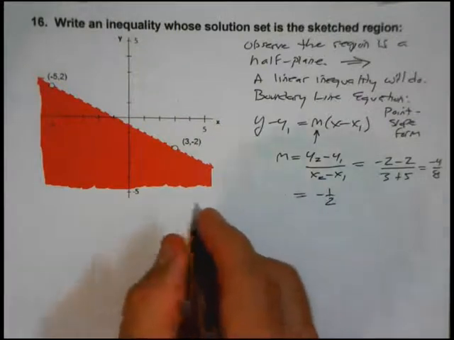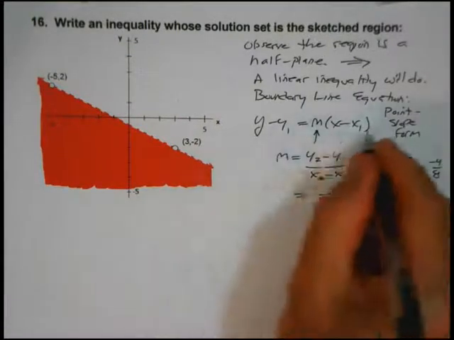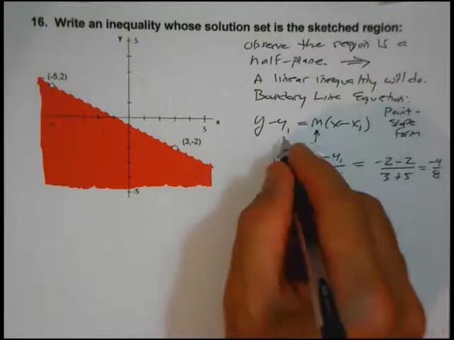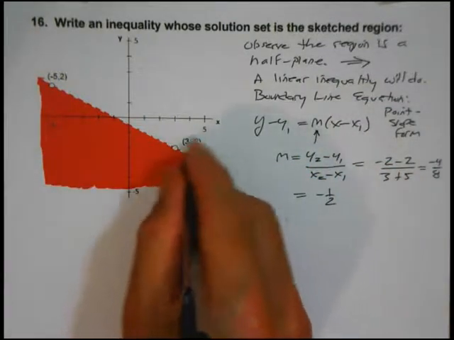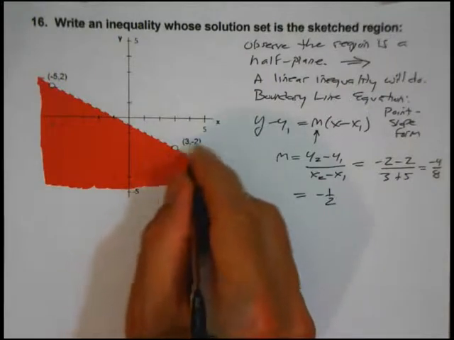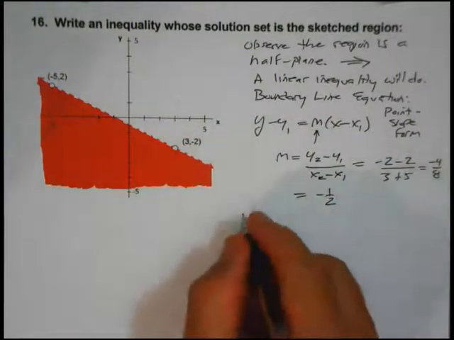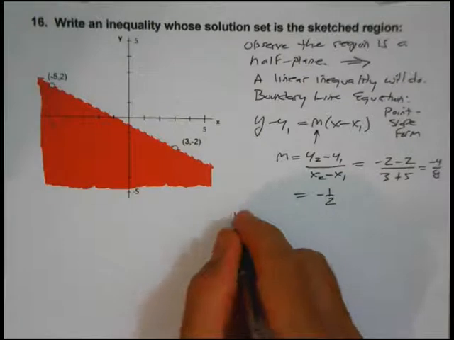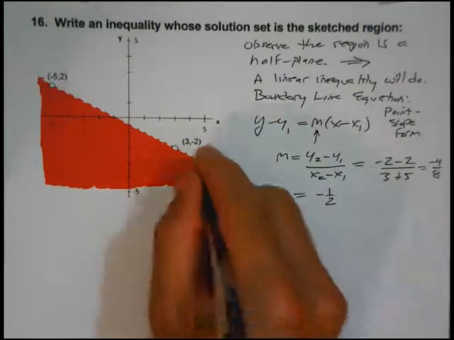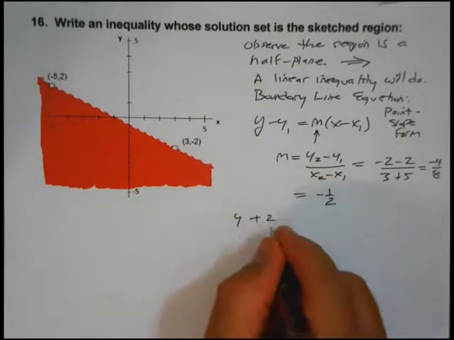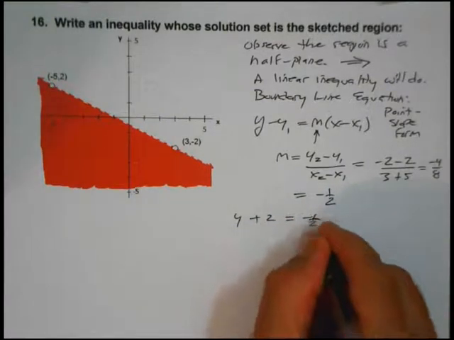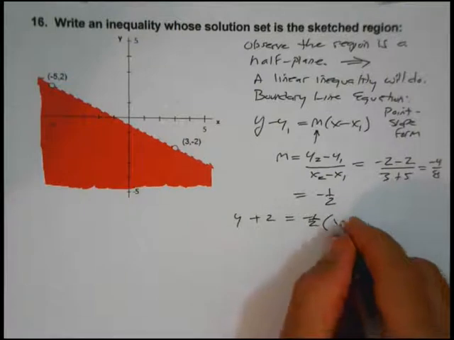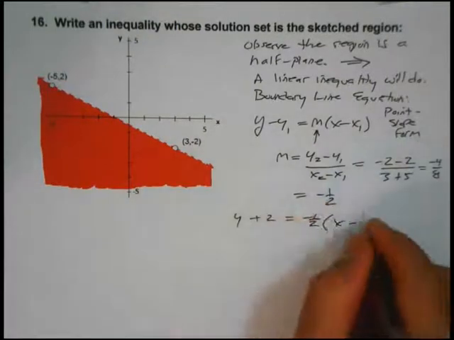Alright, now for putting in our x1, y1, we could use either point. Let's maybe just arbitrarily select to use this one as the x1, y1 now. And this means we could have y minus a negative 2, okay, y plus 2, we'll just call that, equaling negative 1/2 times x minus 3.